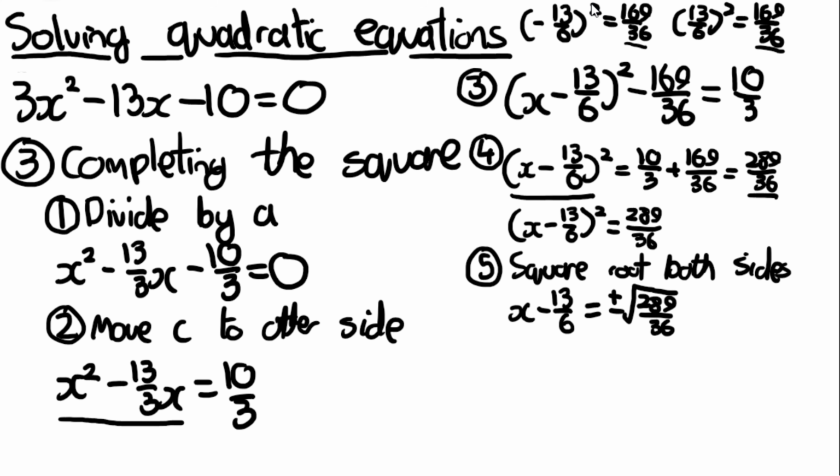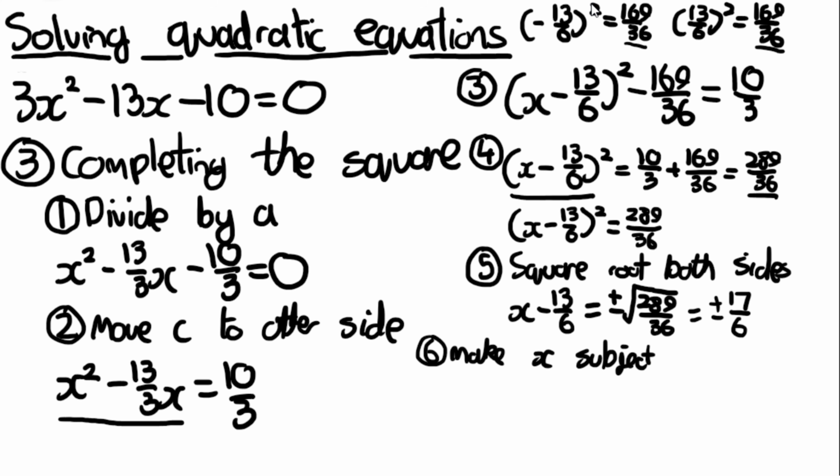If you square root a positive number, there are two possible answers: the positive square root or the negative square root. This is a theme that constantly comes up at A level, so it's very important to remember. And the square root of 289 over 36 is actually 17 over 6, so it's the plus or minus of this.